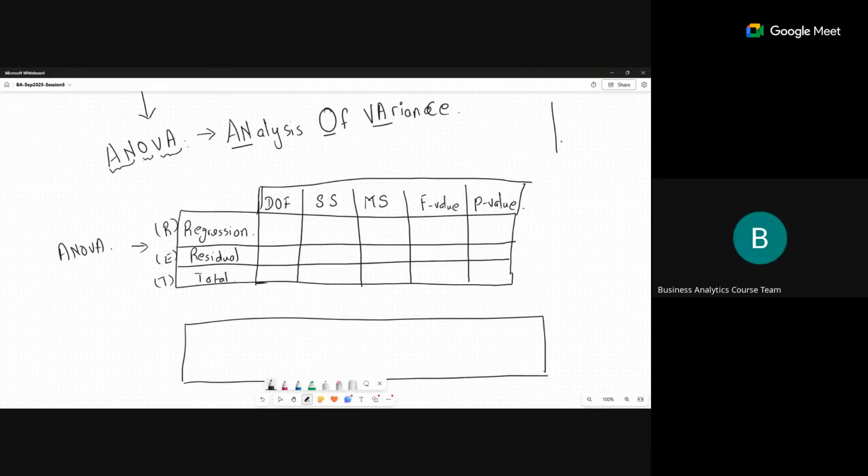So I have a data set, I have X, I have Y. For simplicity, let's assume there's only one X, and the model you have built is Y equals beta naught plus beta 1 X plus epsilon. This is going to give you a prediction.